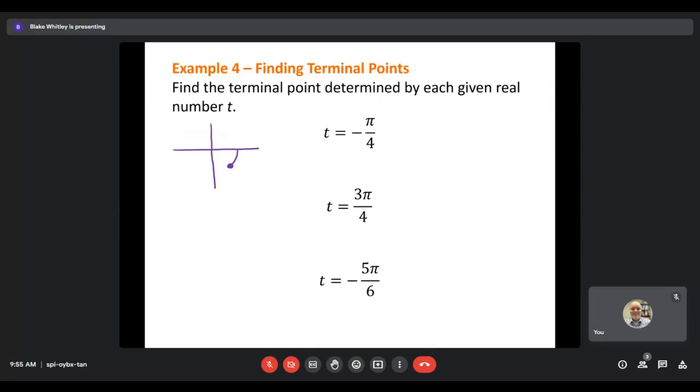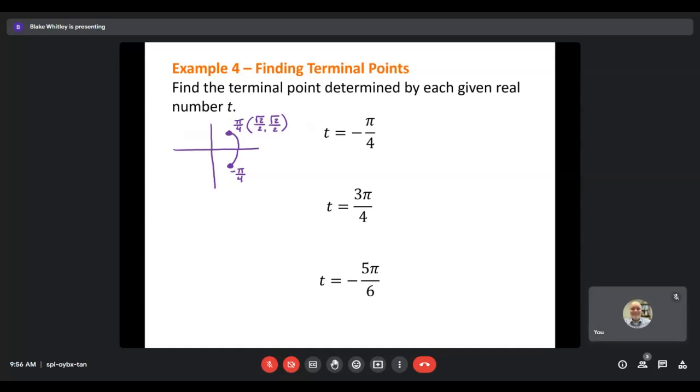Now, what I'm going to do to figure out the value of the ordered pair, the terminal point here, is I'm going to think about what would be the other value in the first quadrant that we just saw on our unit circle. So if I were to go halfway around in my first quadrant, we know that's positive pi over 4, and its ordered pair was square root of 2 over 2, square root of 2 over 2. So now down here at negative pi over 4, we just have to think about it's a reflection now over the x-axis.